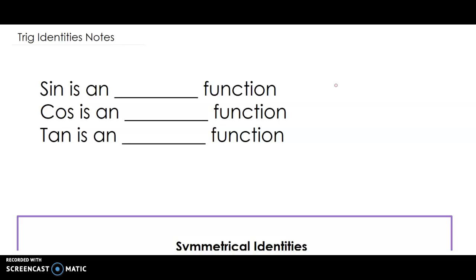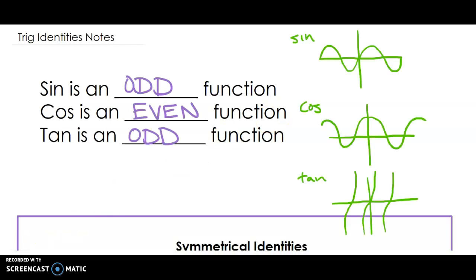Feel free to draw some pictures of the graphs of those if that would help you. When you graph sine, cosine, and tangent, you can really easily see that both sine and tangent are odd functions because they're symmetrical about the origin, and cosine is an even function because it's symmetrical over the y-axis. Why does this mean something to us?